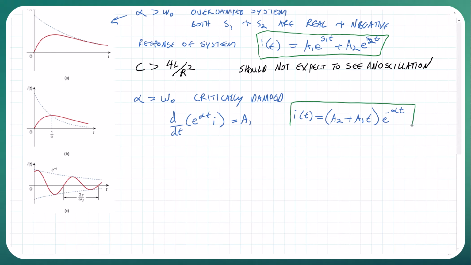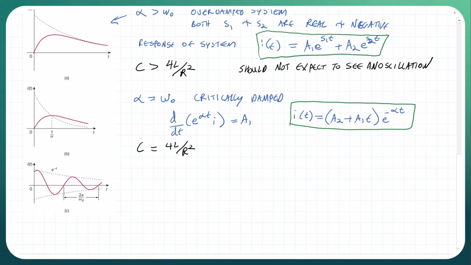So this is in the case of a critically damped system, and in this case critically damped means that C is equal to 4L over R squared.